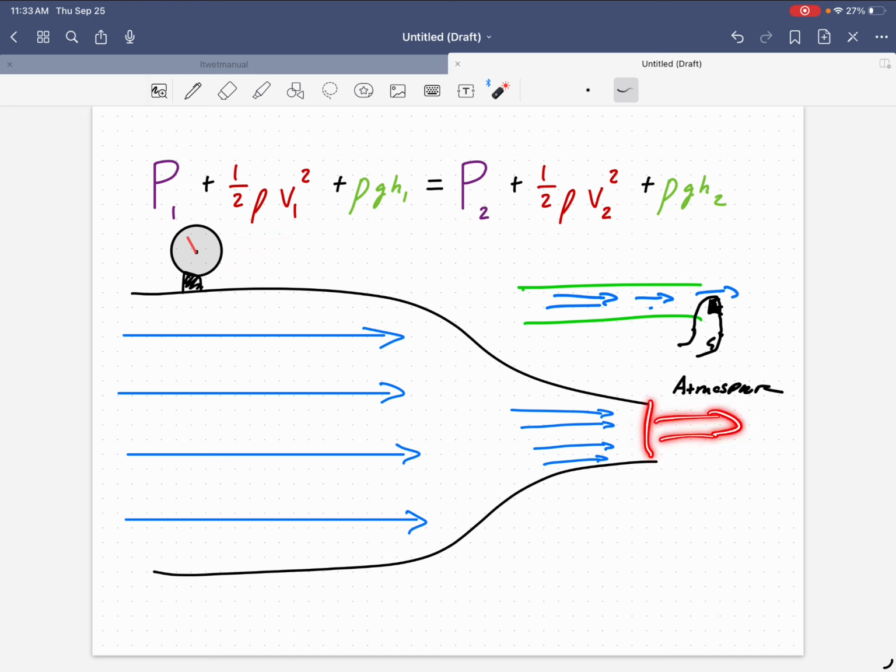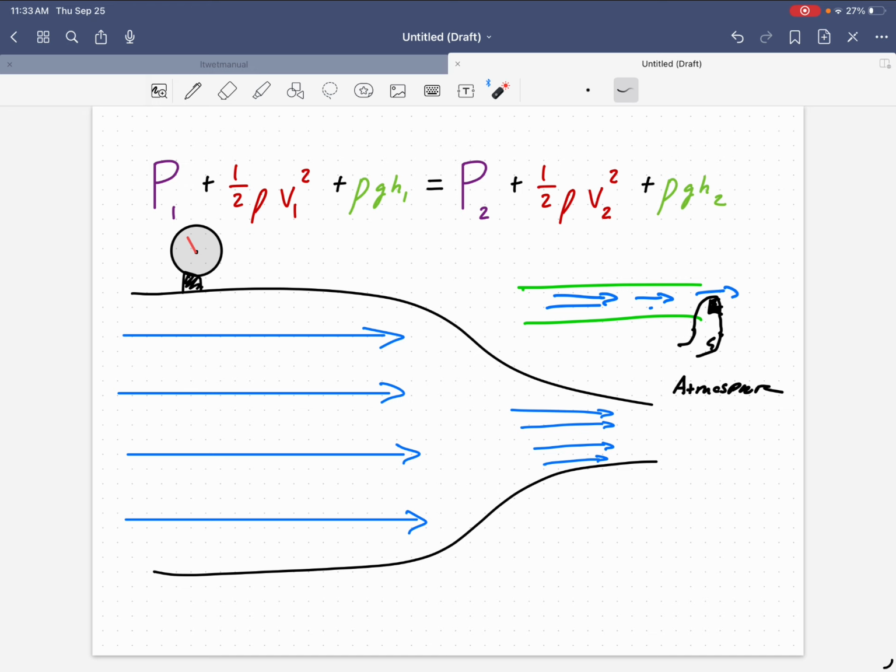So we're going to say this is gauge pressure, so atmosphere is 0, even though obviously atmosphere has a pressure level. The gauge just doesn't account for the atmospheric pressure. If this was exposed to the atmosphere, it would go to 0, basically.